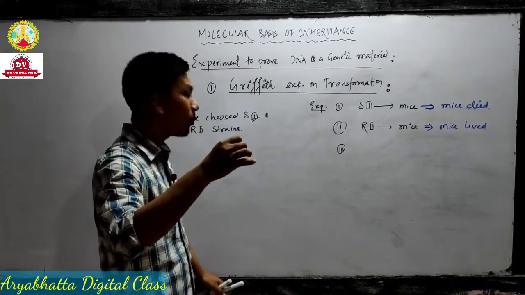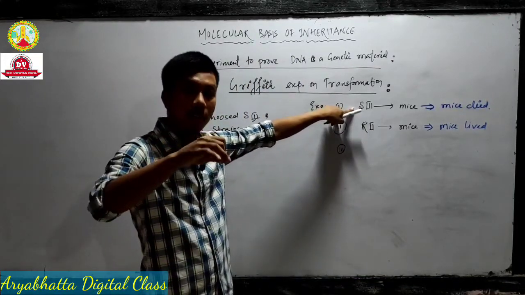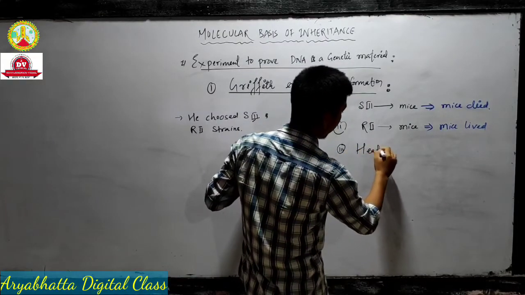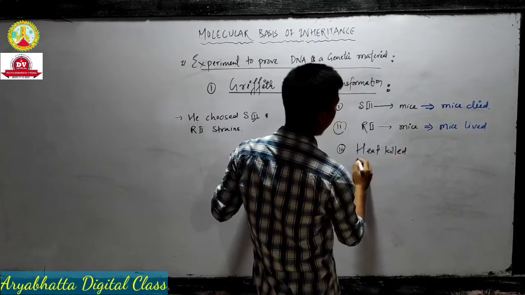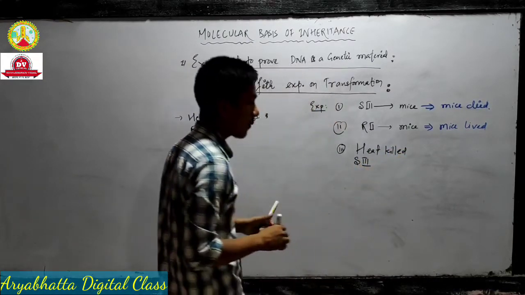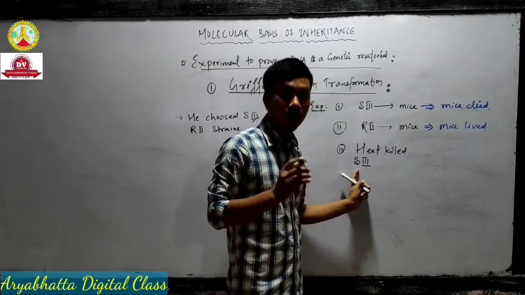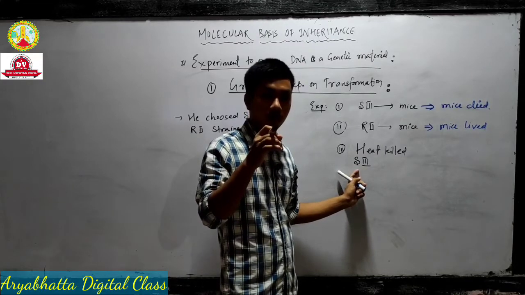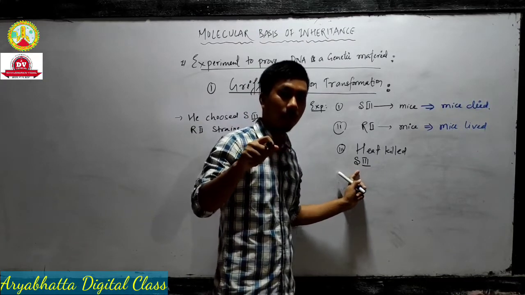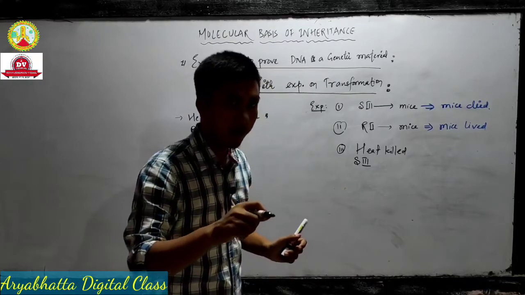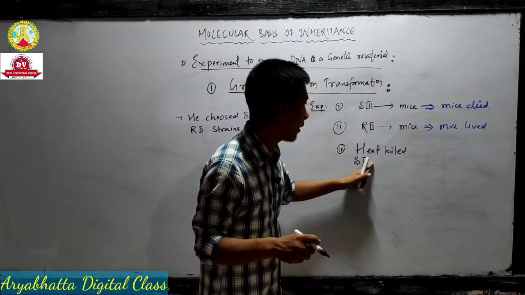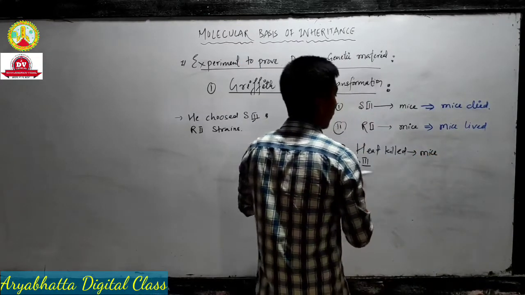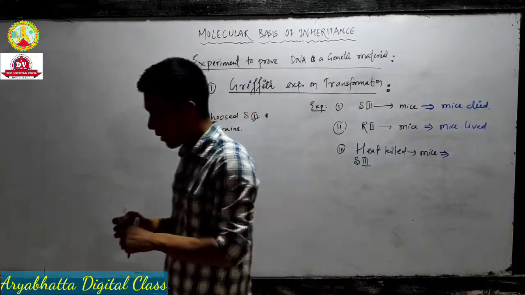He put the S3 strain in a test tube, that means a virulent smooth bacteria, and he heated it on a fire for some time. That's why we say heat kill. Then he injected it into the mice. Now what result did he find?